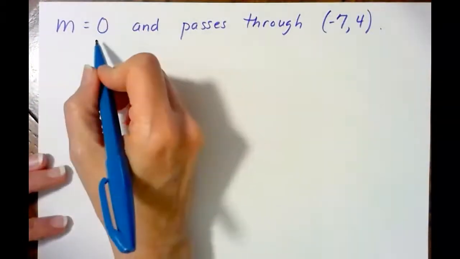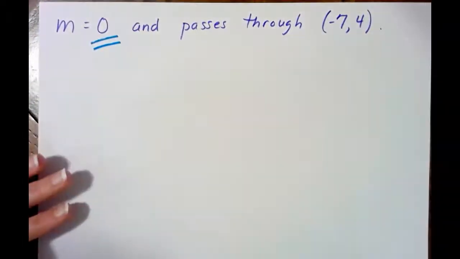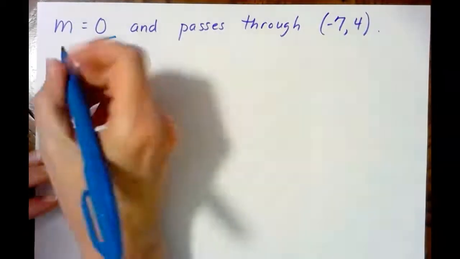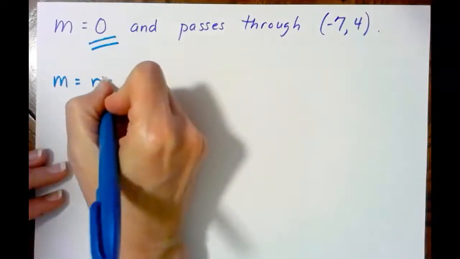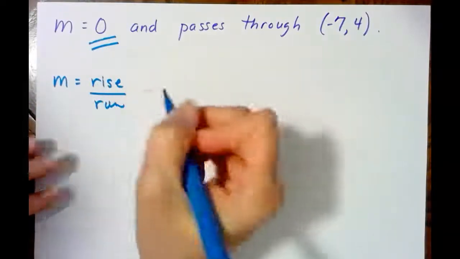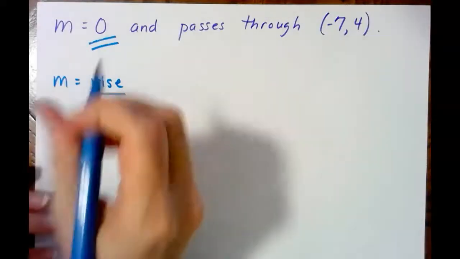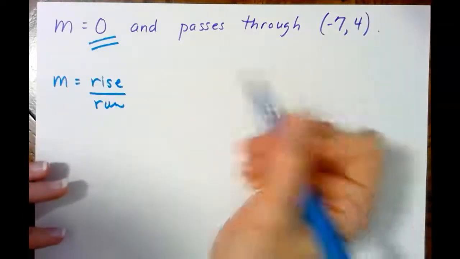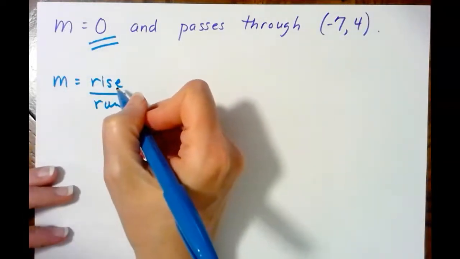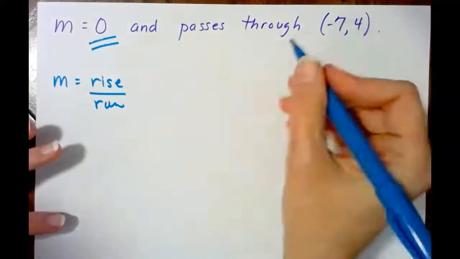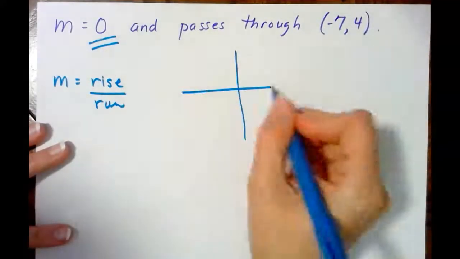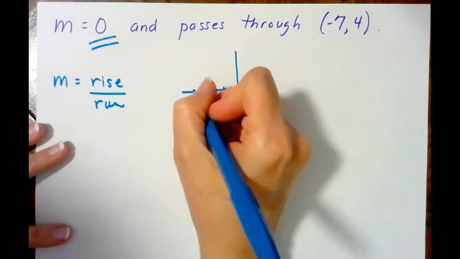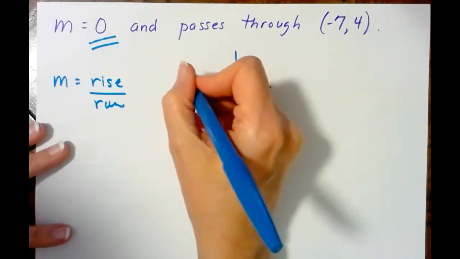Next, we have a line that has a slope of 0. Remember, we learned in a previous video that slope is equal to rise over run. So what type of line has a slope that is equal to 0? Ask yourself, what kind of line does not rise? So if I were to plot this point, and I can just do it in a free-handed graph here, 1, 2, 3, 4, 5, 6, 7, 1, 2, 3, 4.